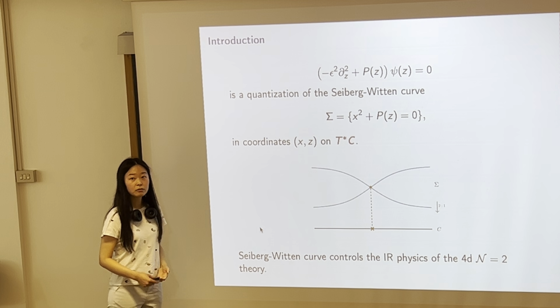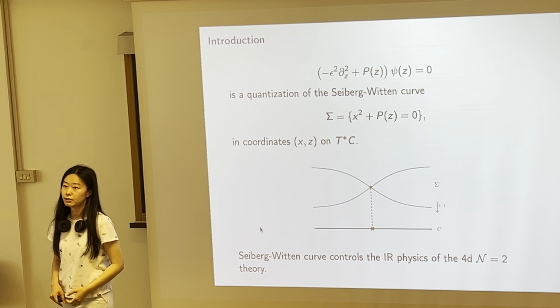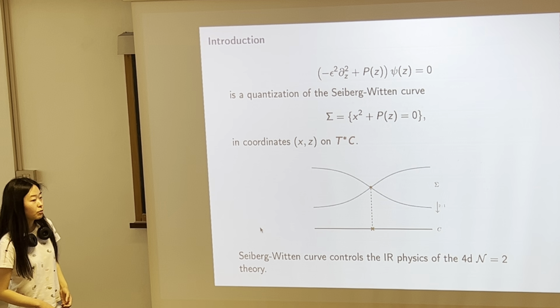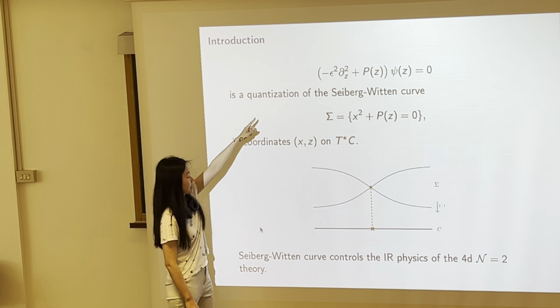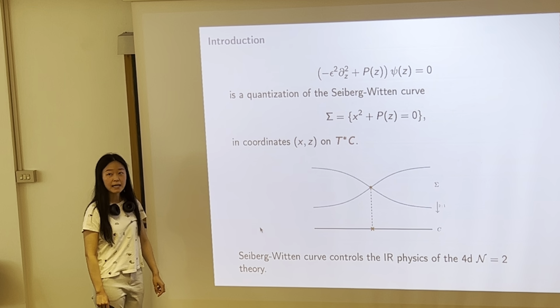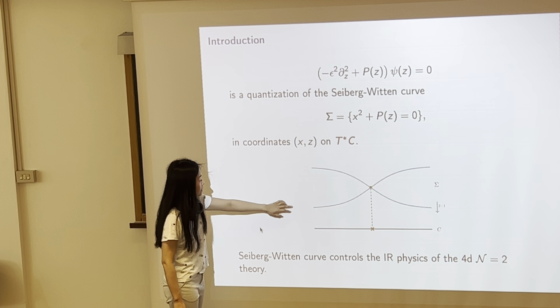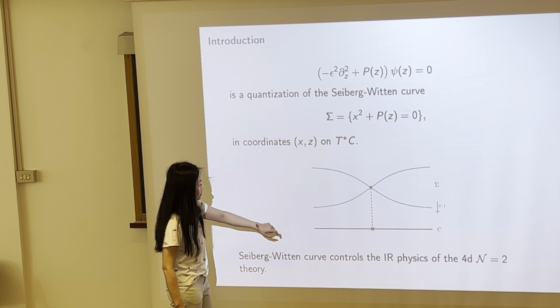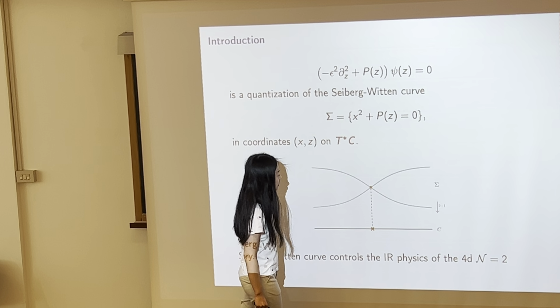So if we now lift x and z to operators and require their commutator to be i epsilon, we can get this quantized version of it, which is also this second-order ODE that we would like to use. And here, just to say a little bit more about the details of this sigma, it's actually a 2-to-1 cover of the Riemann surface C because of the square here.